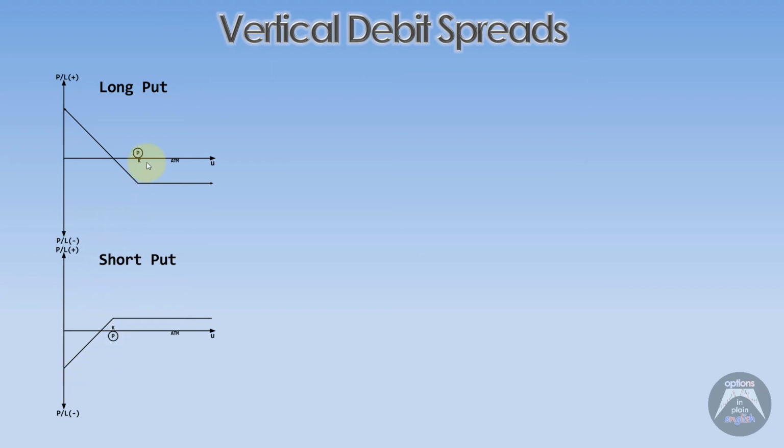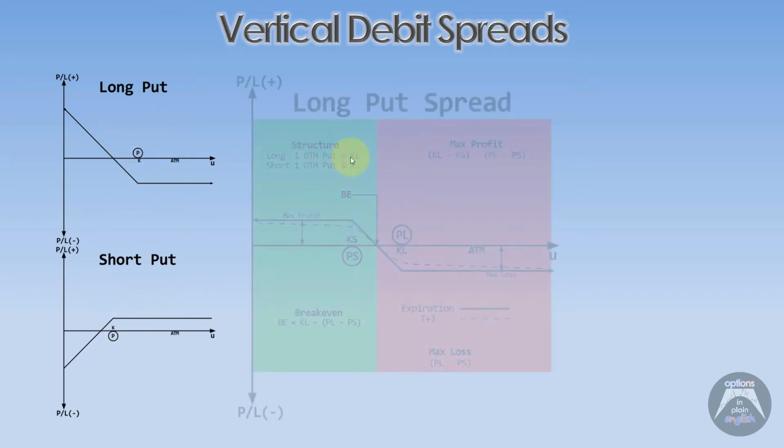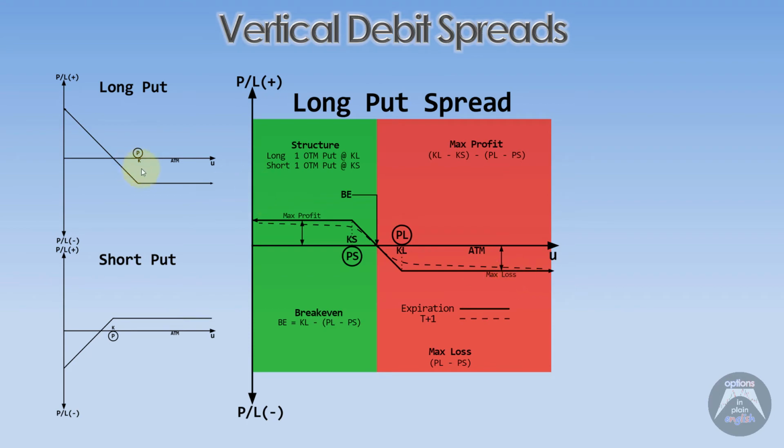So if you combine these two elements, now you're going to have a long put here and a short put here, and the graph is going to be something like this. Now, instead of having such a large initial investment, it's going to be partially offset with the credit from the put that you sell.